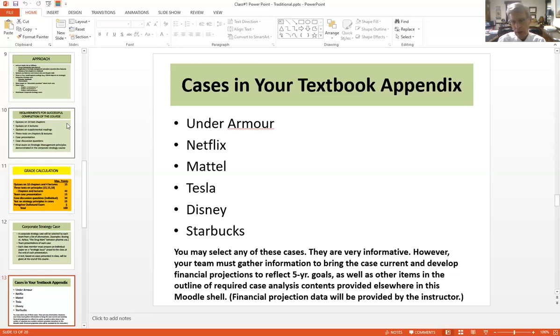Now, the outline also includes financial projections to demonstrate what the goals or 5-year financial results might be. And I will provide you with material that has been prepared by an investment advisory service that schedules out projected financial results.